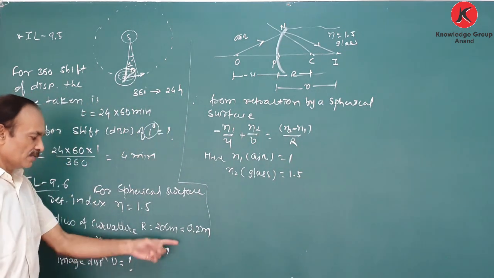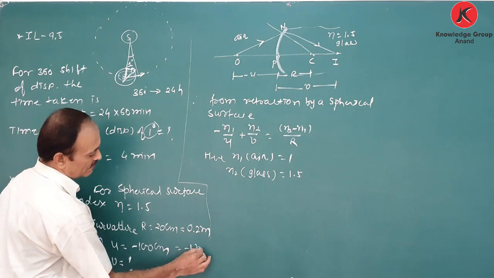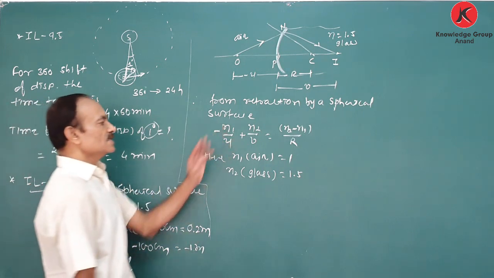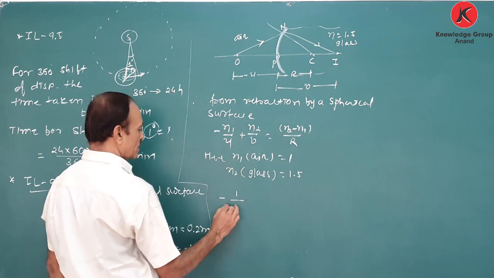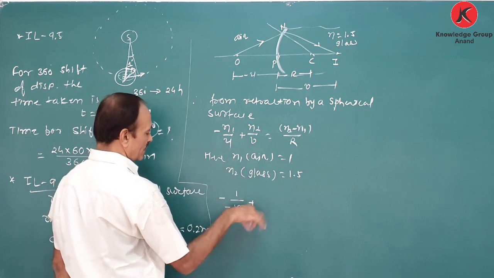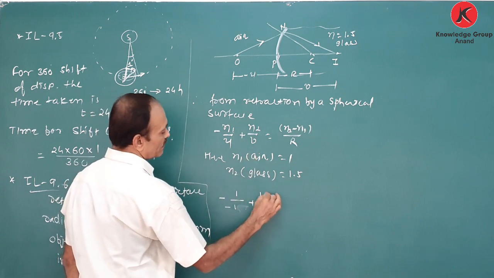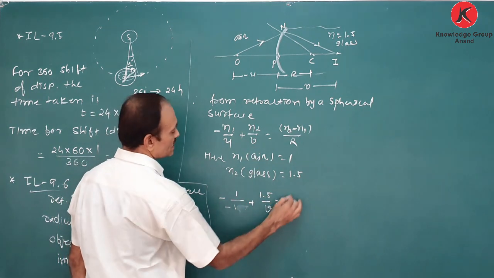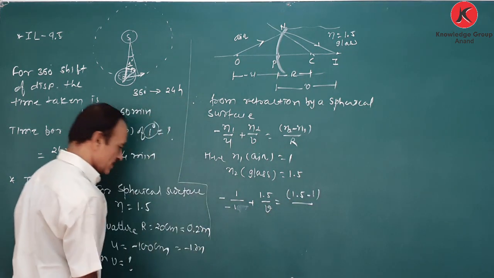u is equal to minus 100 centimeter, that means minus 1 meter. Substituting the values, minus n1, 1 upon minus 100 plus 1.5 upon v is equal to 1.5 minus 1 upon 0.5.